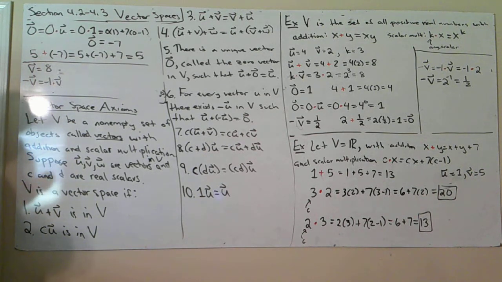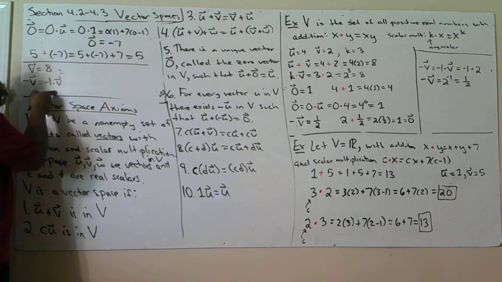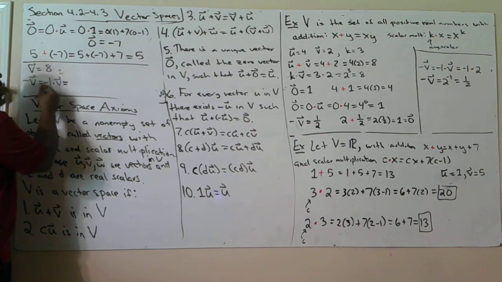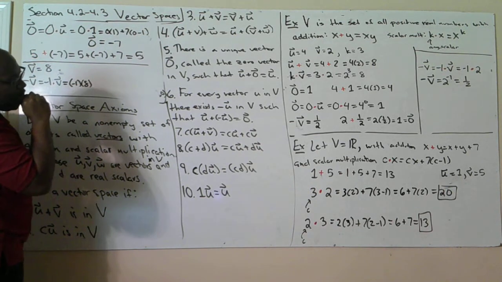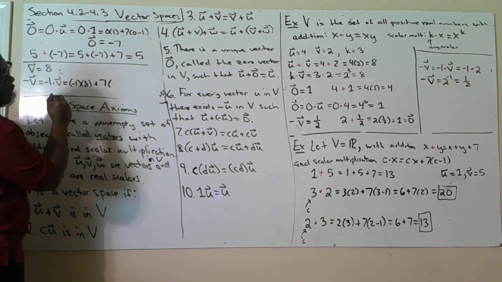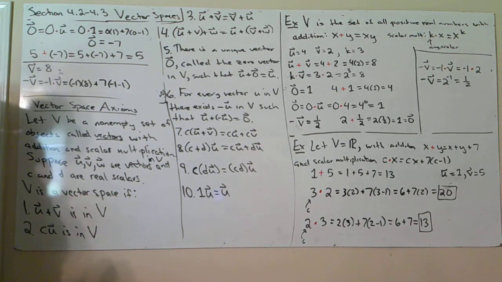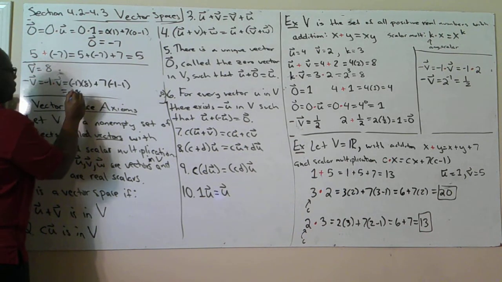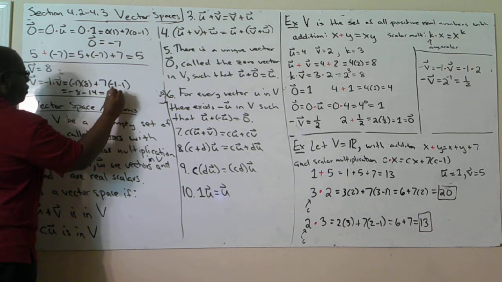Now, I have to make sure I keep the right addition and scalar multiplication. So negative 1 times v, negative 1 is the scalar, my c value. So I have negative 1 times 8, plus 7 times that negative 1 minus 1. I think that's right. So I get negative 8 minus 14. That gives me negative 22.